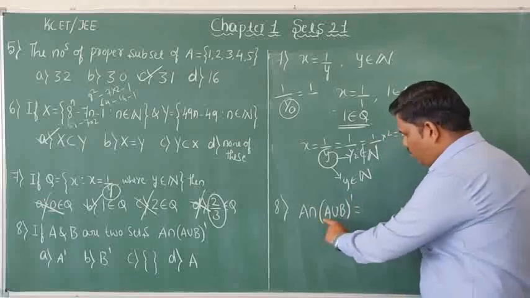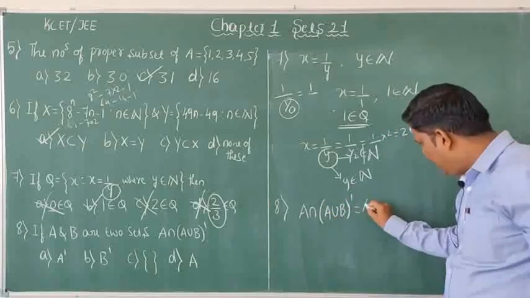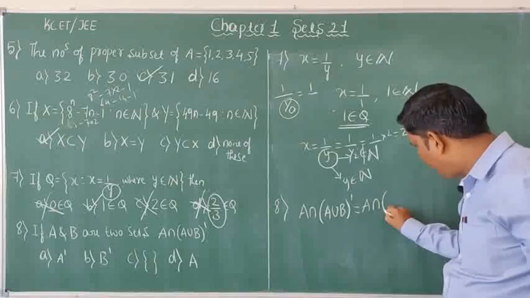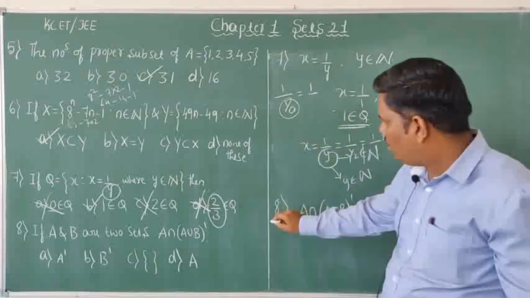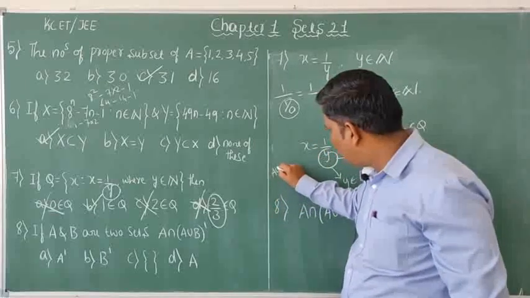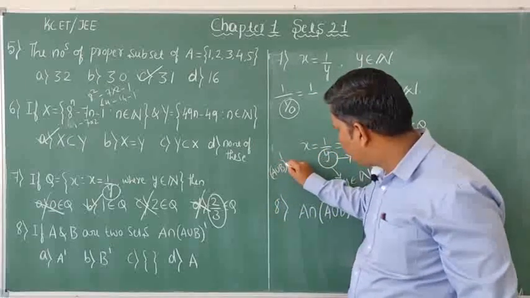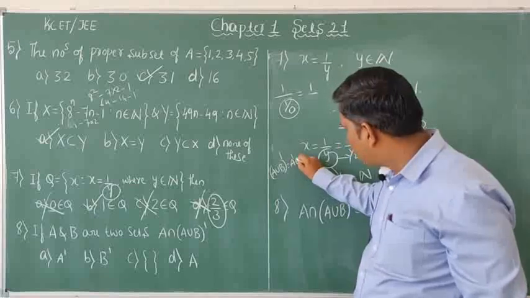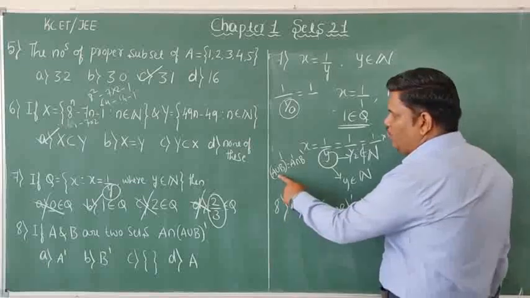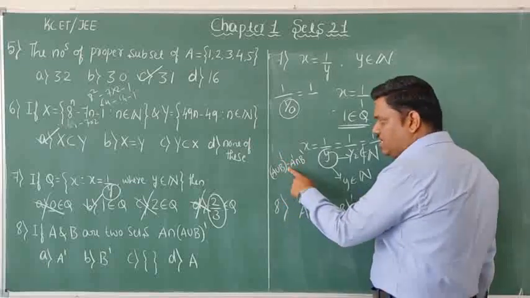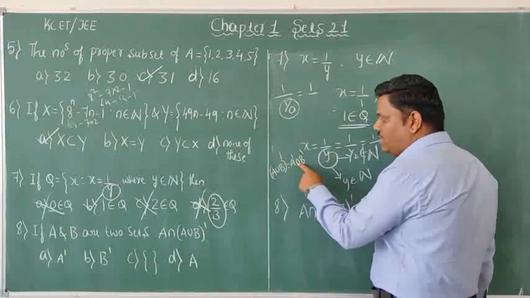First, solve the bracket. A intersection, as it is, bracket A union B. You already know De Morgan's laws: (A union B) whole dash is equal to A dash intersection B dash, because (A union B) whole dash is equal to A dash intersection B dash.